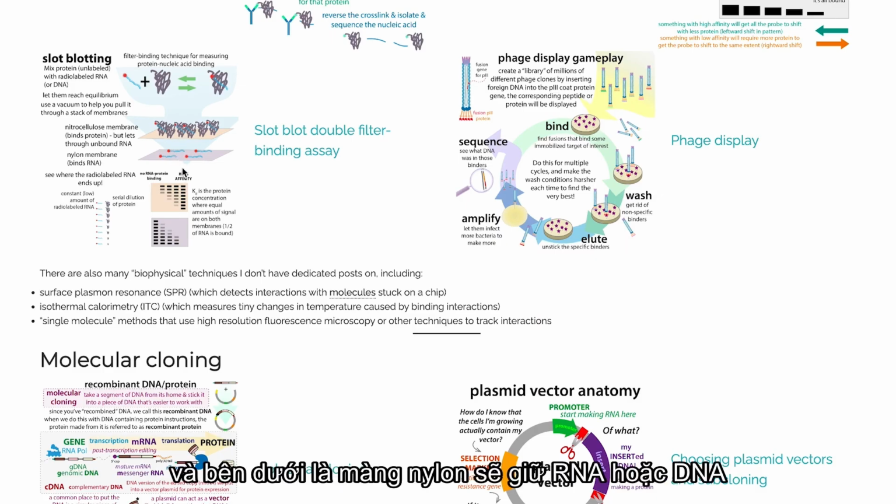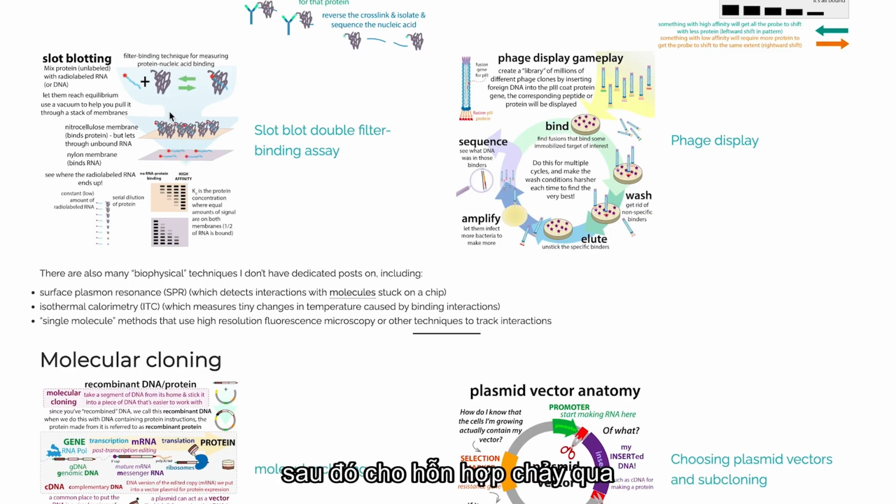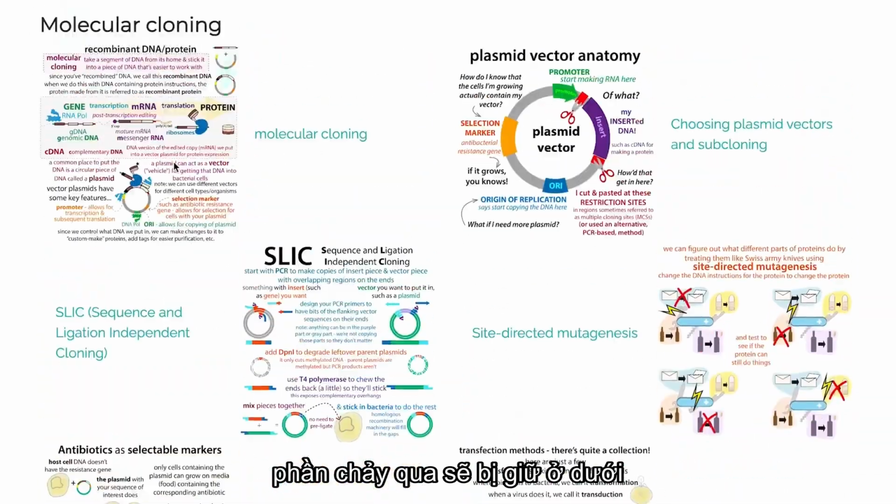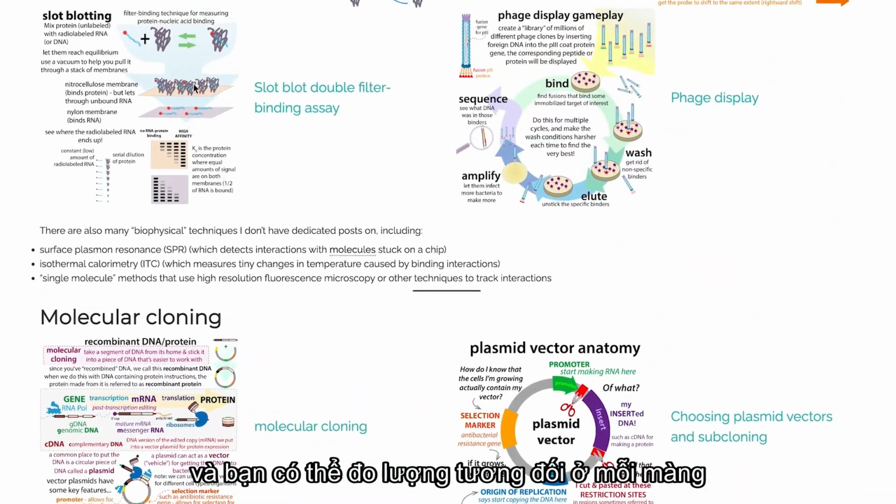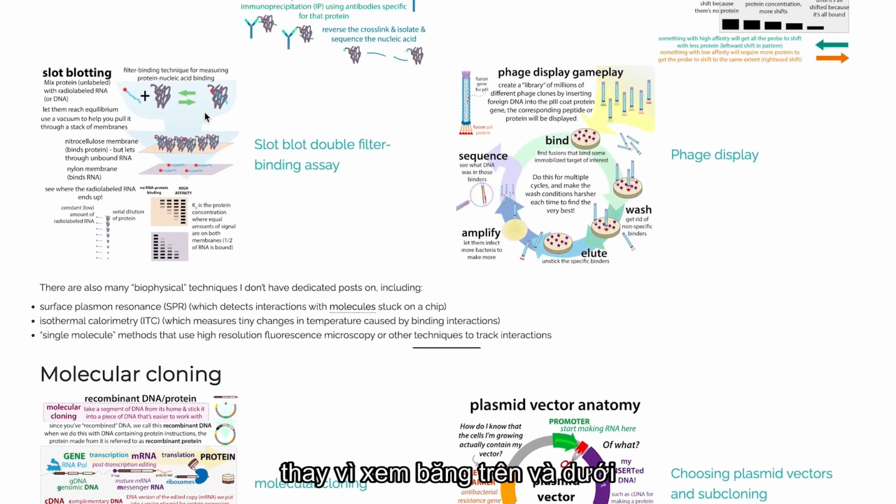And then a nylon membrane that's going to bind the RNA or the DNA. Then you flow this mixture through, and the protein and whatever's stuck to it is going to get stuck on top. Whatever flows through is going to get stuck on the bottom, and then you can measure the relative amounts on these. So instead of looking at upper and lower bands, we're looking at upper and lower membranes.